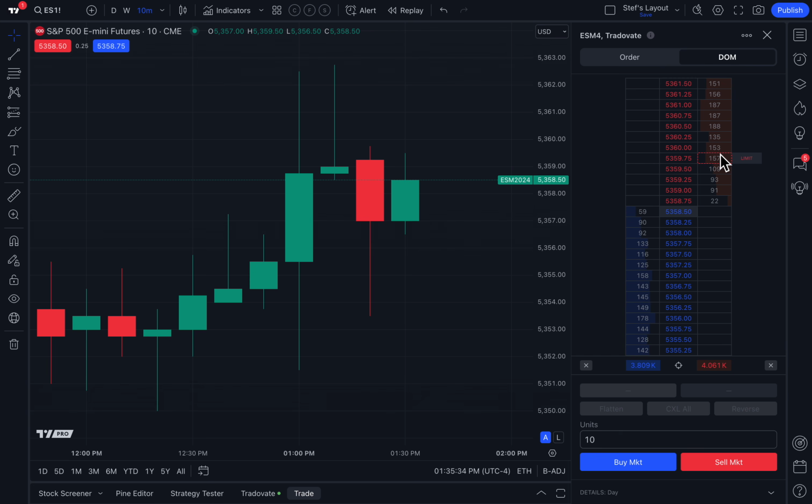So you can see that there are all of these ask orders at these specific prices, meaning if we can see this 110 here, now it's 109, right at 5,359. Well, that means that if price gets to that point, there were 110 orders there waiting for a buyer. So we can see the ask orders right here.